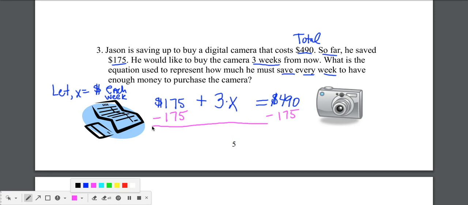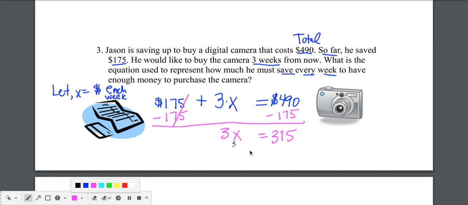We already have that much money. So these cross out, and we end up with 490 minus 175 equals 315 right here, $315.